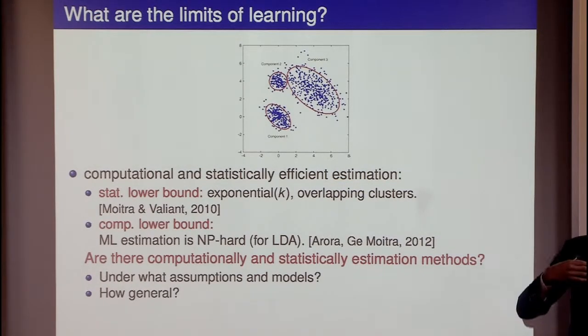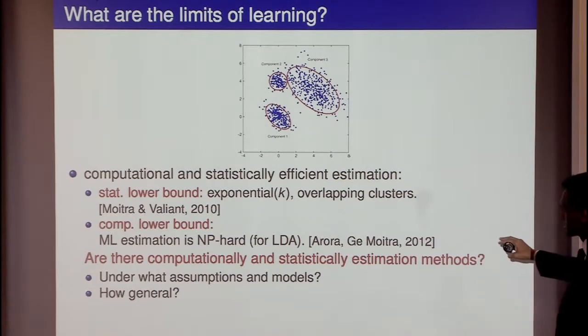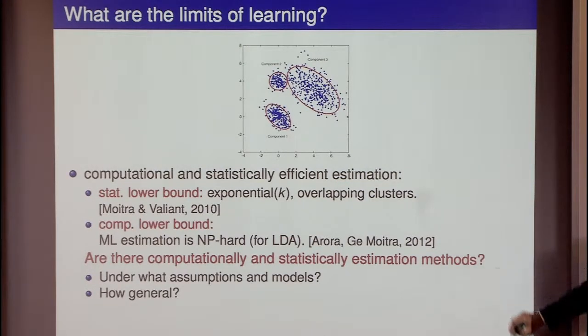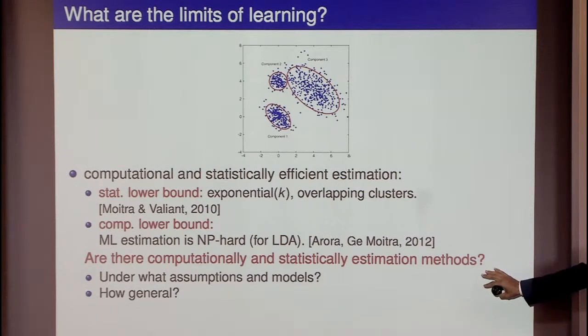I mean, they still are close together, but it was an information theoretic lower bound in 1D. There's been various results about hardness for maximum likelihood estimation in these models, which is slightly different because that's not an information theoretic hardness result. So the question is going to be under what assumptions and models can we learn, and how general can we make these things?